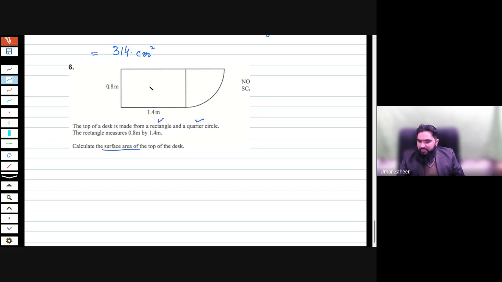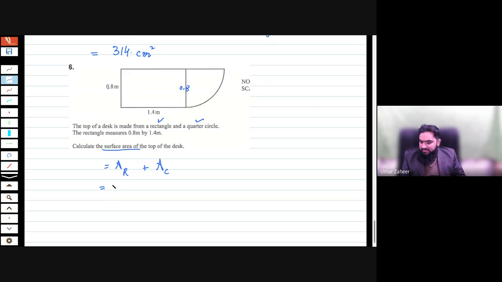It is 0.8, which means the radius of this circle is 0.8. We have to find the total surface area. So surface area will be the area of the rectangle plus the area of a quarter circle.